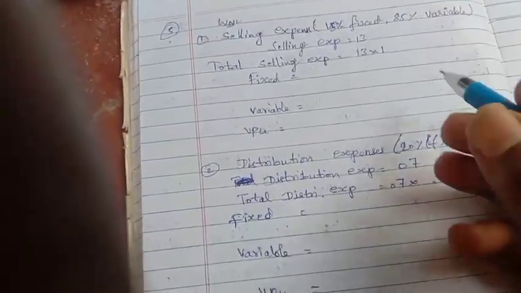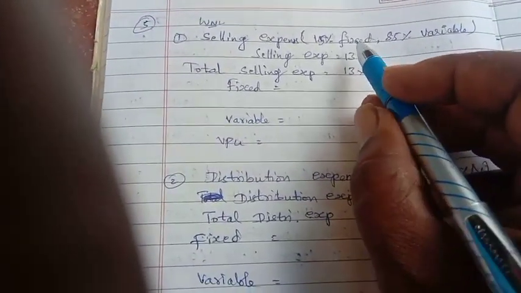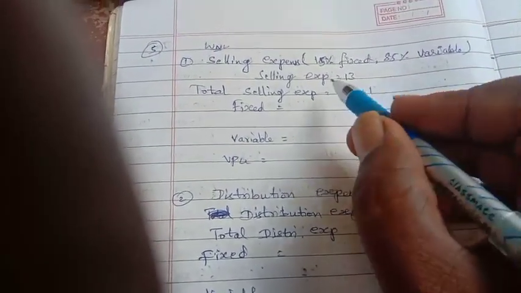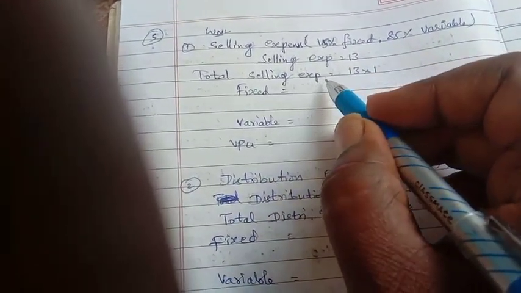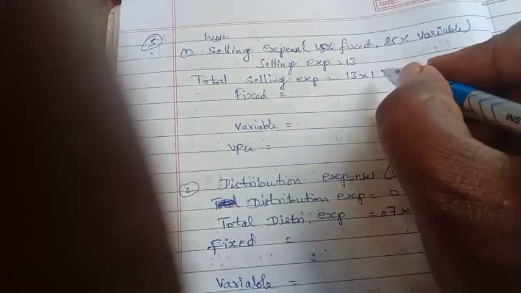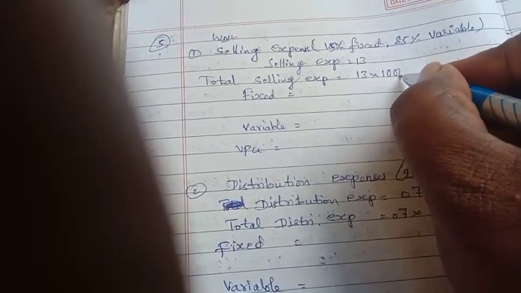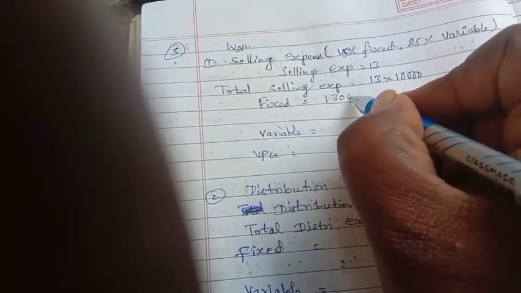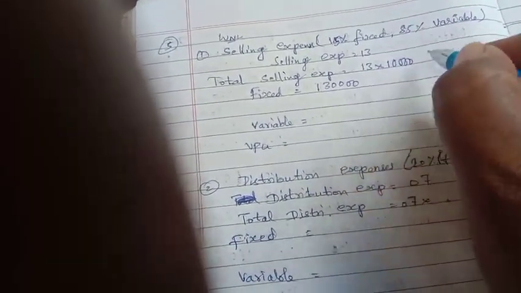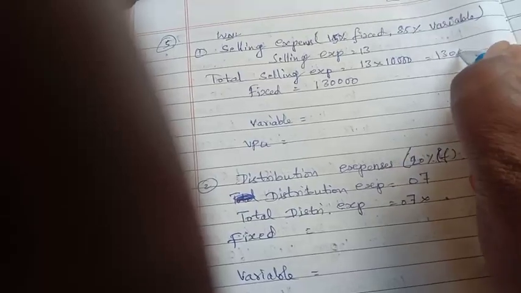Okay, let's do the working note. So first, selling expenses 15% fixed and 85% variable. Selling expenses is given 13. To calculate total selling expenses, 13 into 10,000 units, the information is given for 10,000 units. If you multiply, you will get 1,30,000.